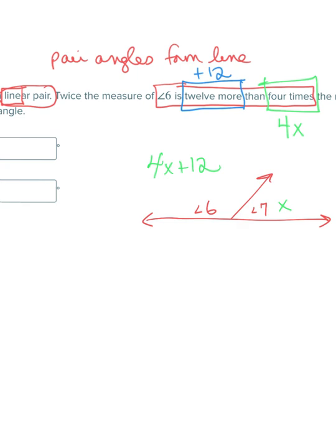Now we know, again, that a line has 180 degrees. So it's angle 6 plus angle 7 equals 180.